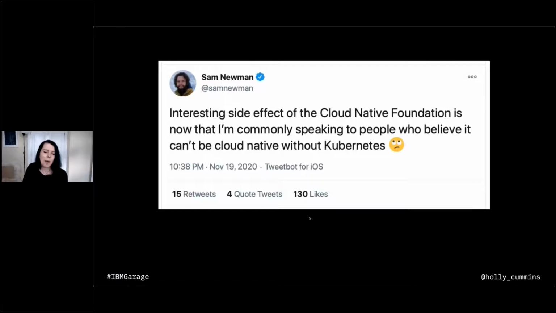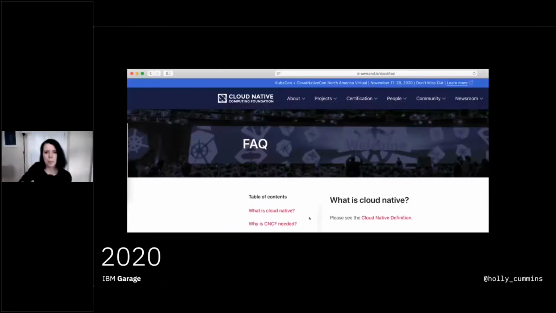And interestingly, from when I first started giving this talk to now, the CNCF have changed their definition of cloud native. If you look at their website now, it doesn't actually list what is cloud native on the website.